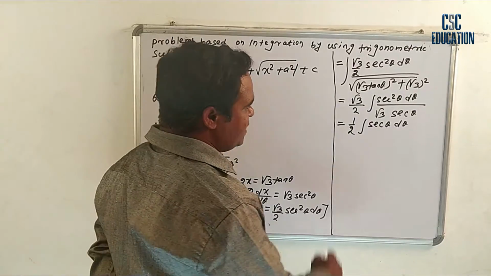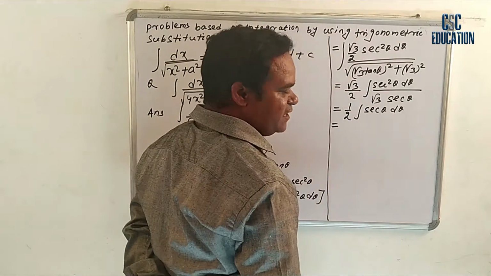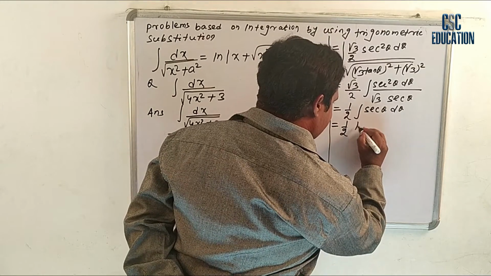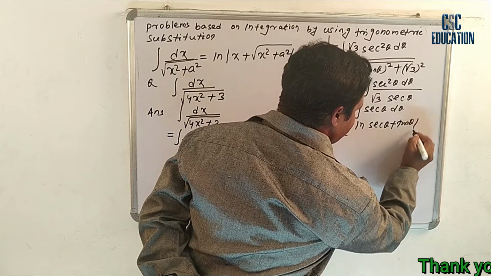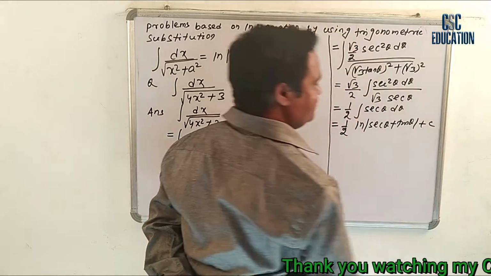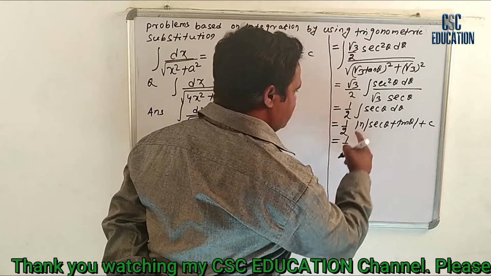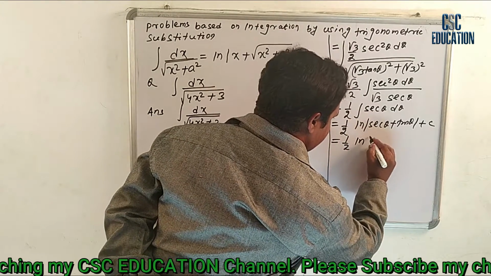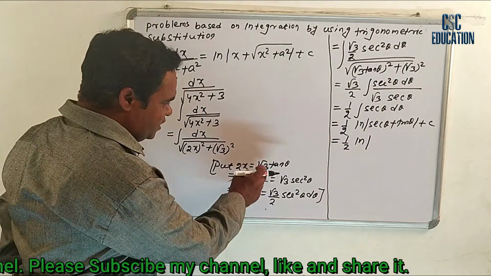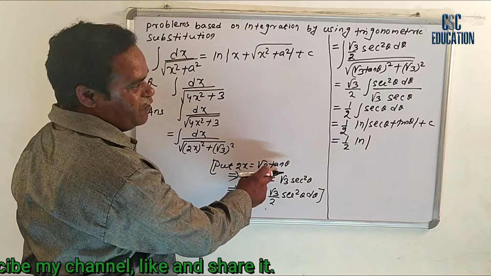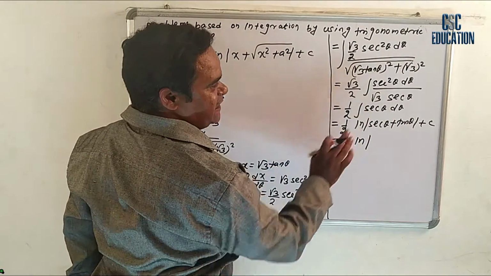By the formula, the integration of sec theta is ln of sec theta plus tan theta, plus c. Now 1 by 2 ln, and we convert into the form of tan theta, because the substituted value is in tan theta form; we convert sec theta.